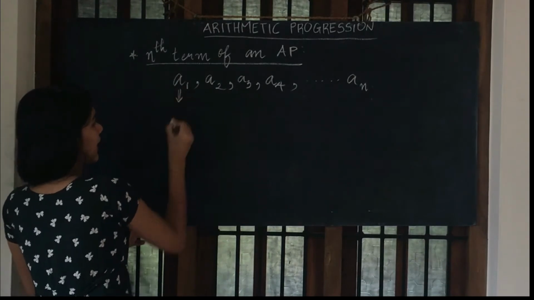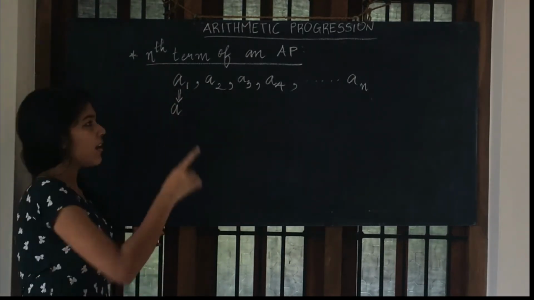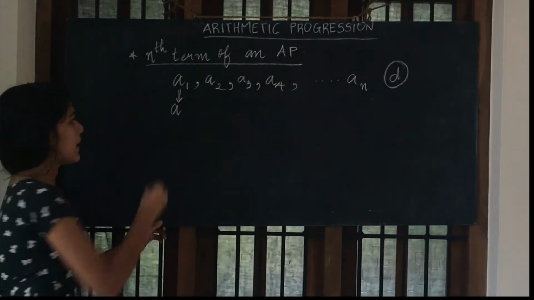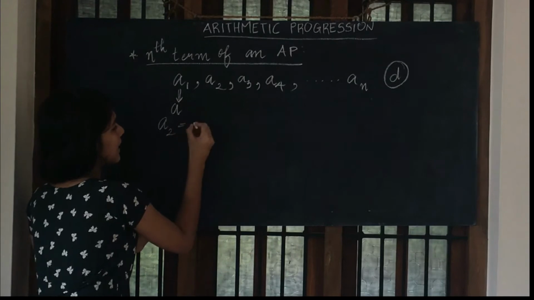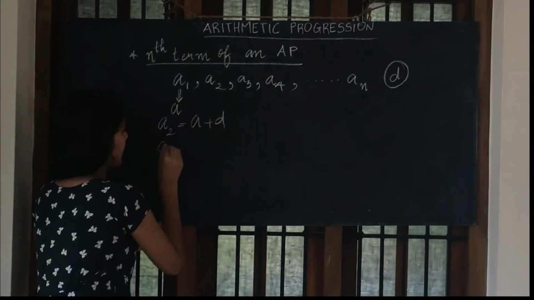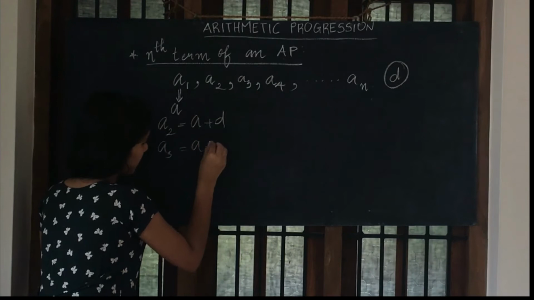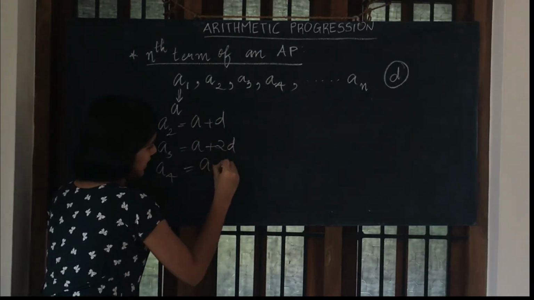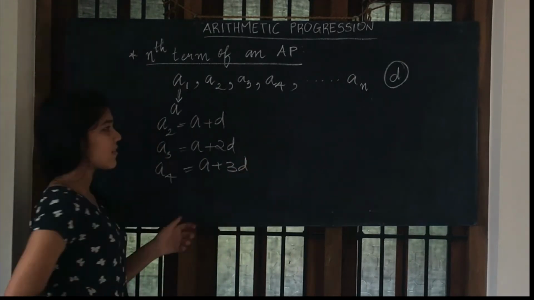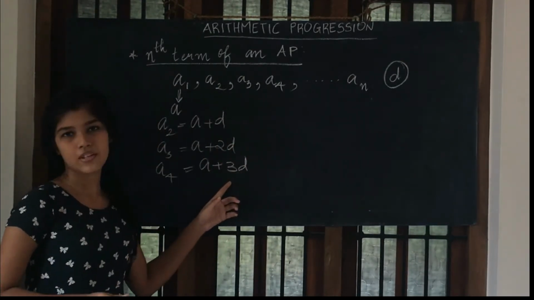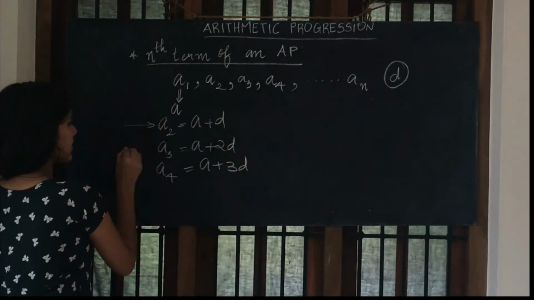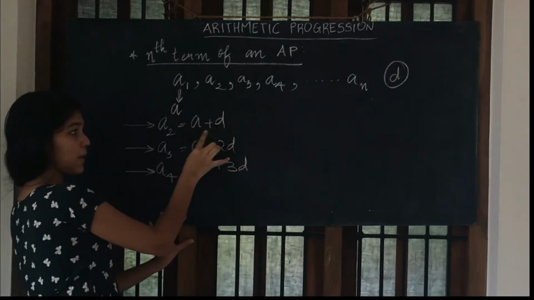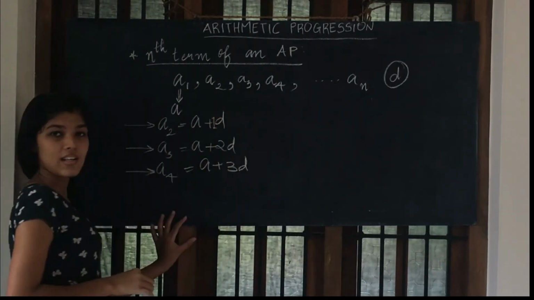If we consider A1 is equal to A, and D as the common difference of this AP, we can write A2 as A plus D, A3 as A plus 2D, A4 as A plus 3D, and so on. This is the general form of an AP, right? Now, these equations can be written in a different way. We can also write A plus D as A plus 1 into D.